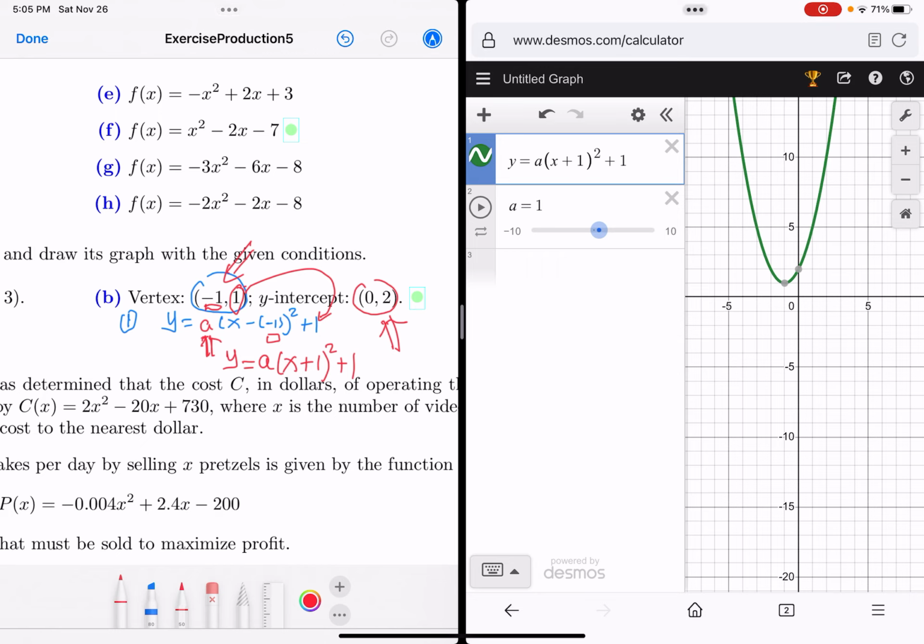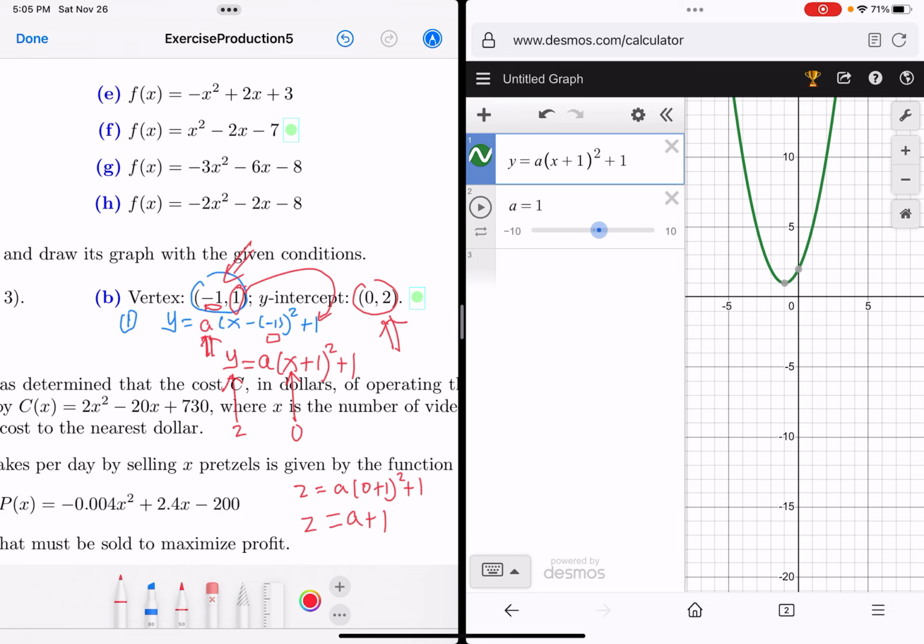Now, if you plug in 0 here, you should get 2. When x is 0, y is 2. 0, 2 comes from here. So algebraically, you will have 2 equals a times 0 plus 1 squared plus 1. And here is a plus 1 equals 2.